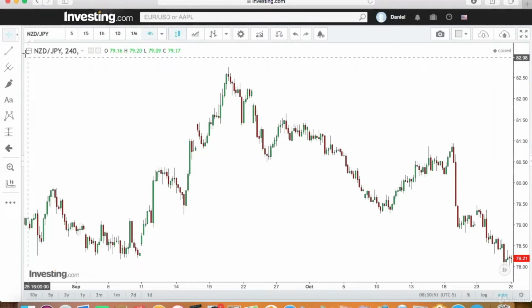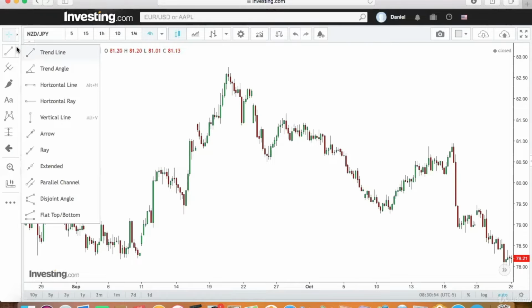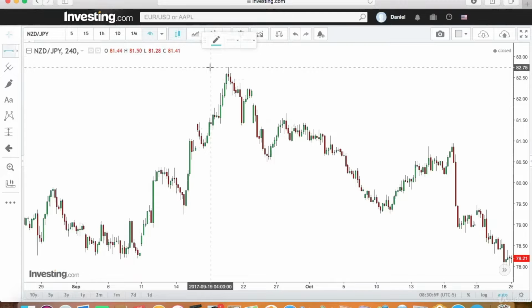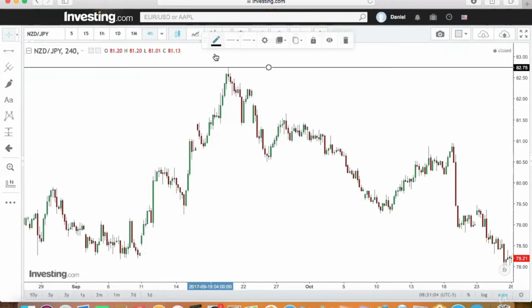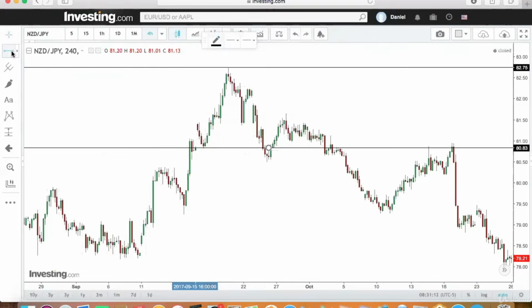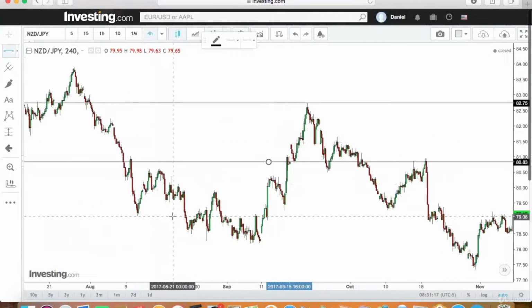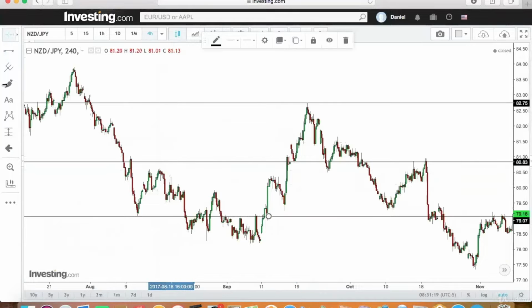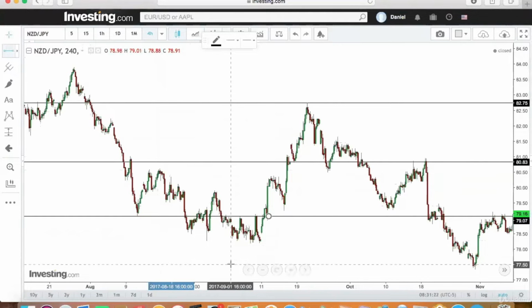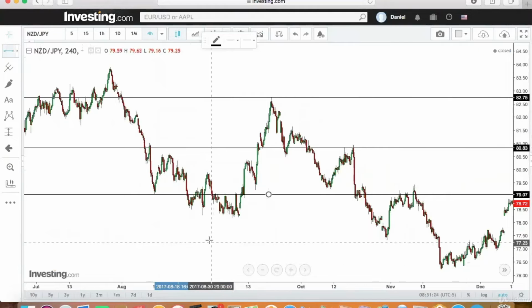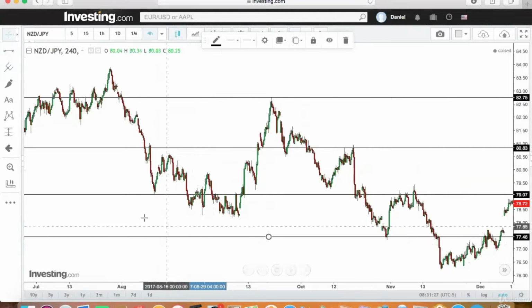So again, the previous video was on support and resistance. We will mark areas of support and resistance back on your charts, and we will use these areas in order to label better areas of support and resistance in order to find better levels of trading.